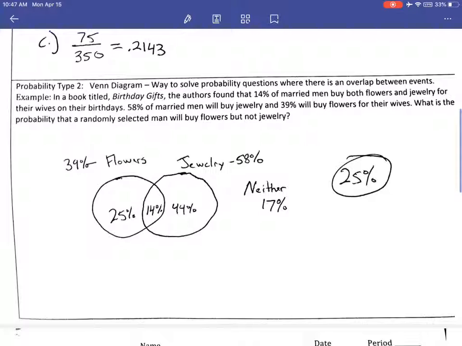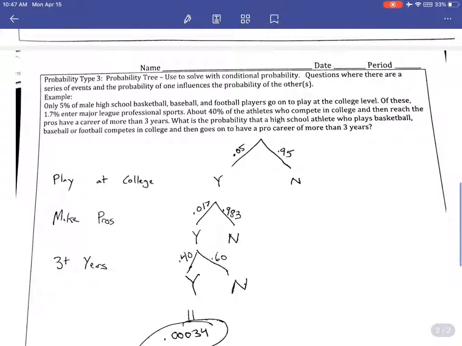And the second type is when we have Venn diagrams. If we have a Venn diagram, we use that to solve a problem where there's overlap between two or more categories. And then the last type is a probability tree, which we're dealing with conditional probability, which means one event has an effect on the other. And it's like chronological events of something.